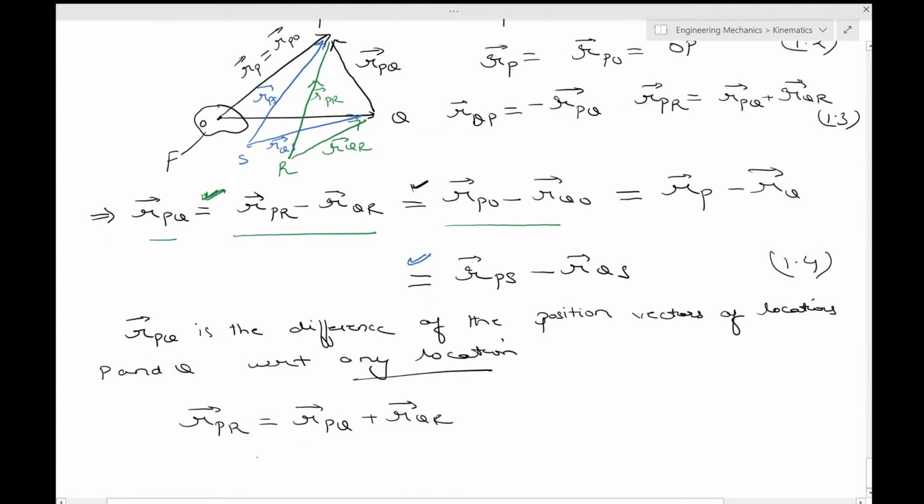Now since this can be written in terms of O, we'll just be using this particular fact that it is the difference between any two position vectors.